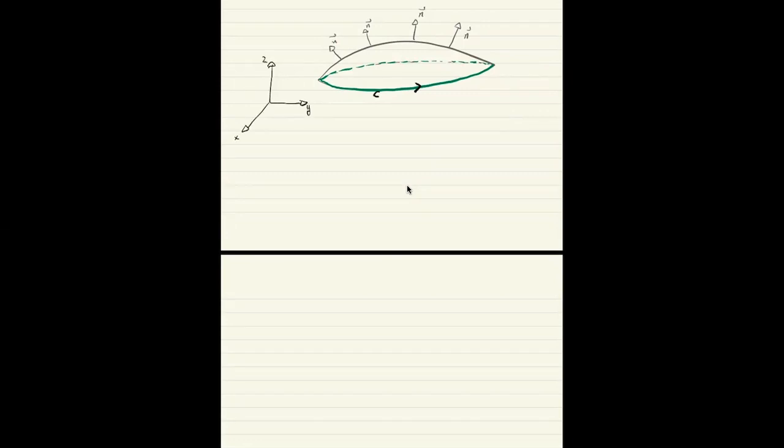I have a vector field that is defined everywhere, specifically, it's defined also on the surface, and also on the curve. So we have the following theorem.